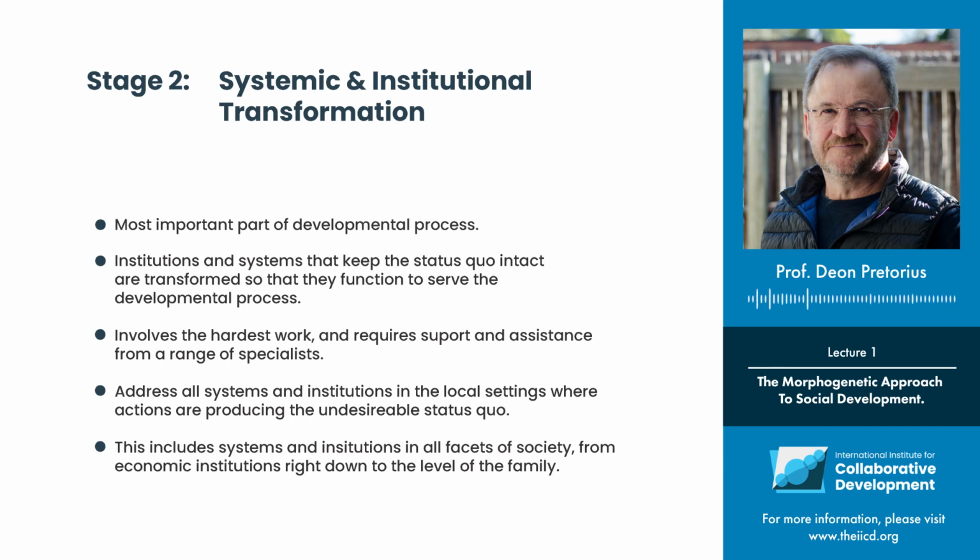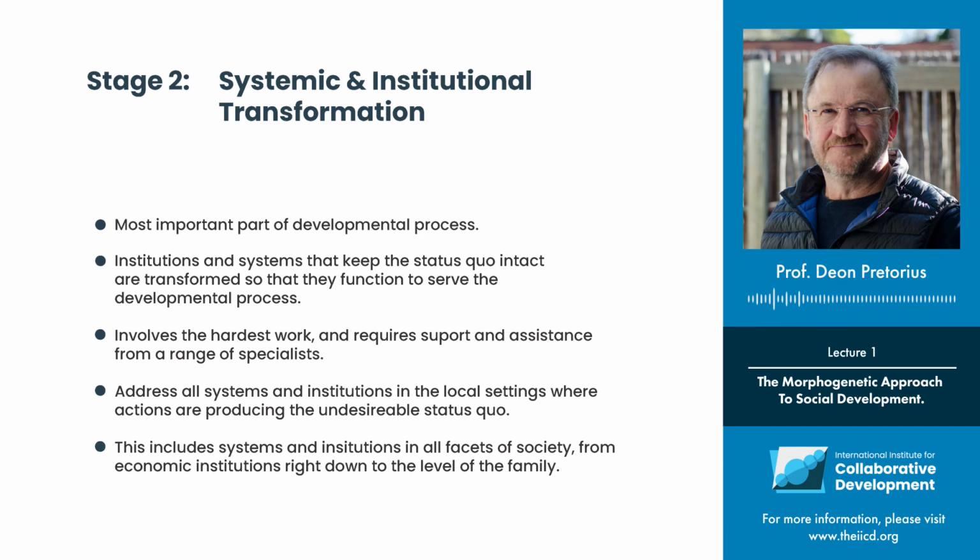This is by far the hardest work and requires a certain measure of expertise. Sociologists typically do well in doing this kind of work because they understand societal systems and institutions. So in this instance, we move from low-hanging fruit to institutions and systems.